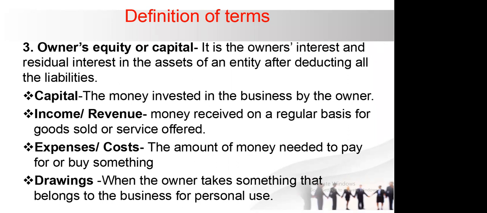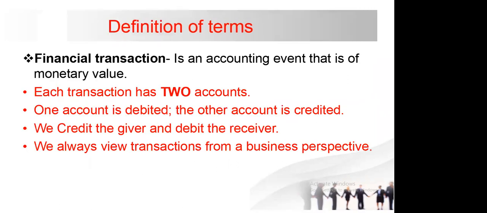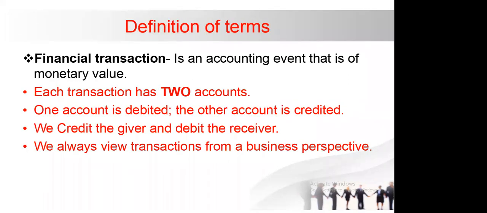We will see more when we try to tackle an example. So those are the three components of the accounting equation, which states that assets equals owner's equity plus liabilities. So now we want to define what we call a financial transaction. In the accounting world, things happen through transactions.